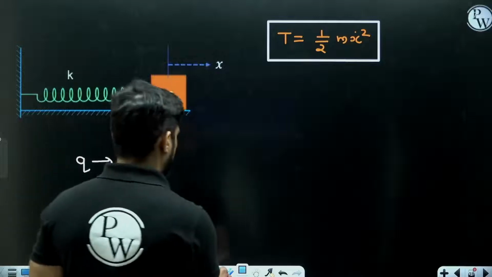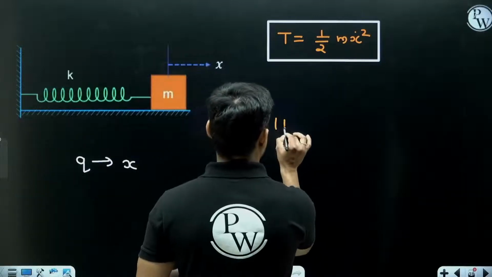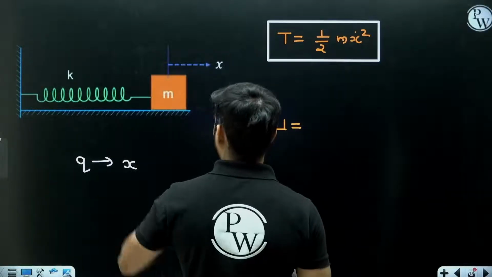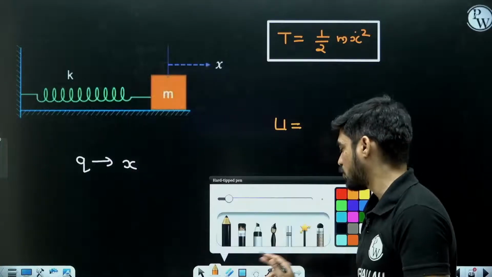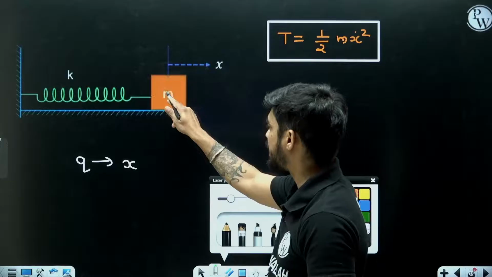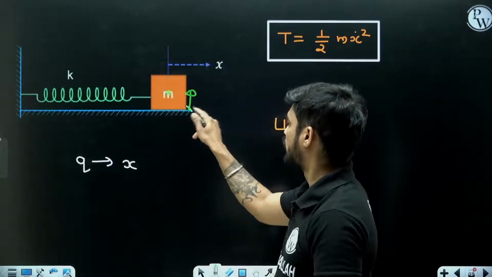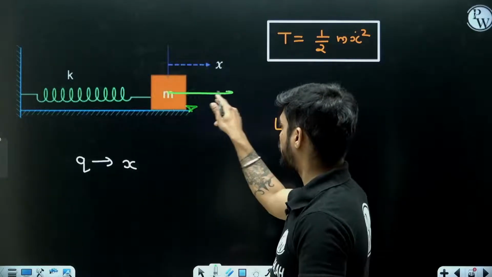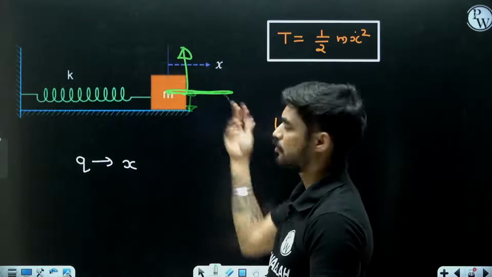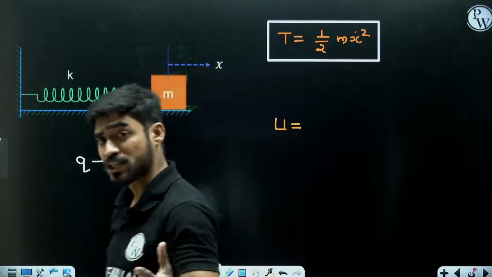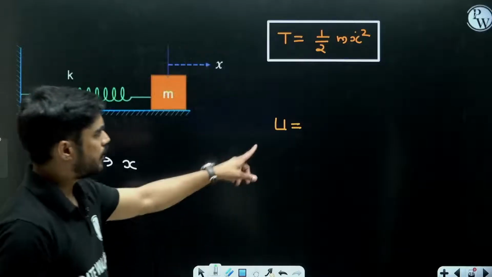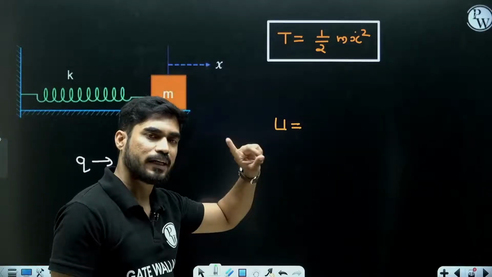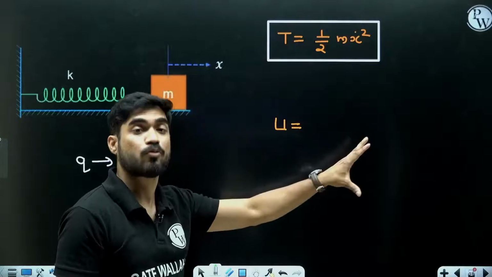So kinetic energy will be half m x dot square. What will be the potential energy? The block will be at the same height, right? Although its center of gravity is at some height from the ground, is the center of gravity moving in y direction? No. Is the potential energy changing? No. You write potential energy only if it is changing during the motion.